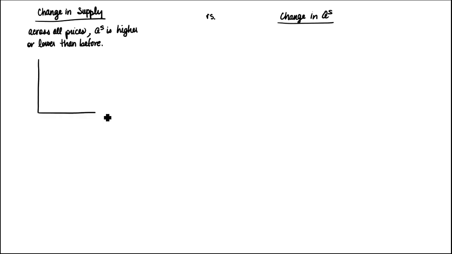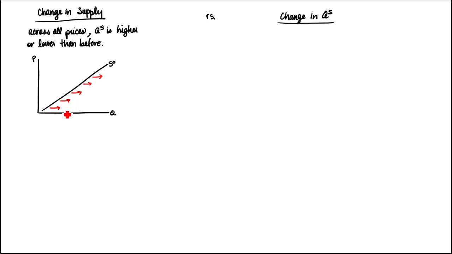So let's take a look. Draw yourself a graph, P and Q. Now we're going to start with our supply curve S0. But for whatever reason, and we haven't talked about the reasons yet, at all prices, at $2, $3, $4, $5, $6, quantity supplied by suppliers is higher than it was before.